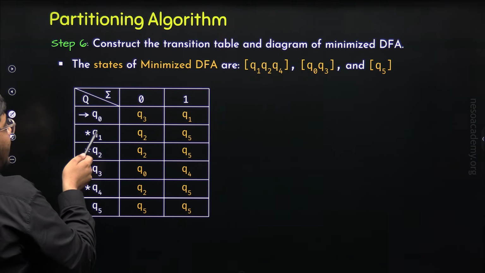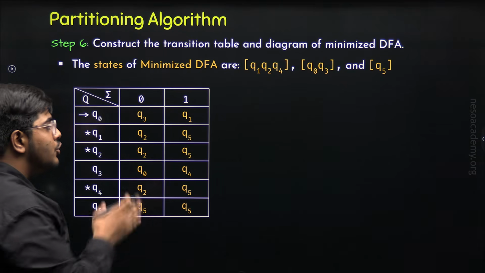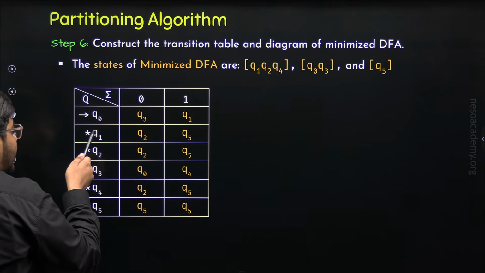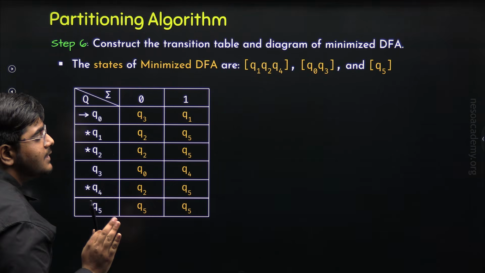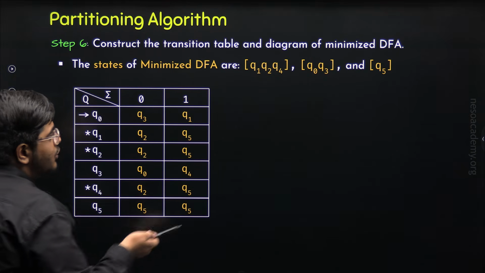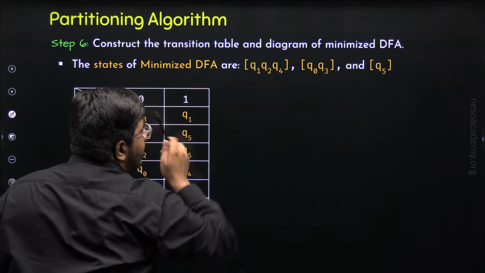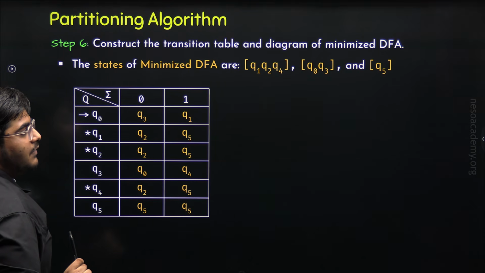In the original DFA, Q1, Q2 and Q4 are the 3 final states. So all the states of the minimized DFA that contains either Q1, Q2 or Q4 will be the final state of minimized DFA. Fortunately, we are getting Q1, Q2 and Q4 under the same state. That is why this will be the final state of our minimized DFA.